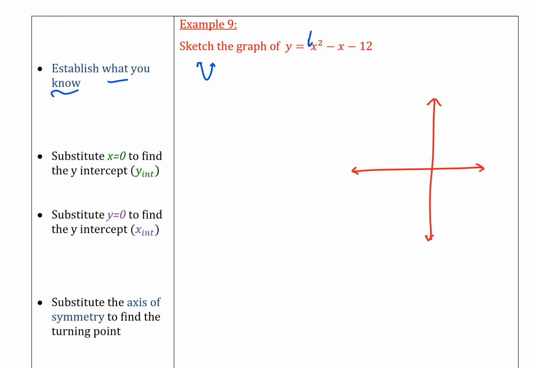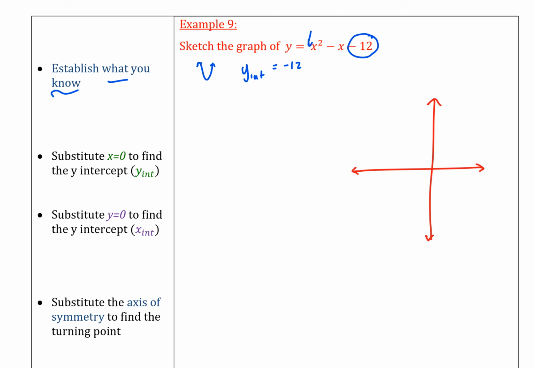I also, rather than seeing the turning point right away, can tell the y-intercept right away. Because if I let x equal 0, the only remaining thing will be that constant term. So my y-intercept is negative 12.